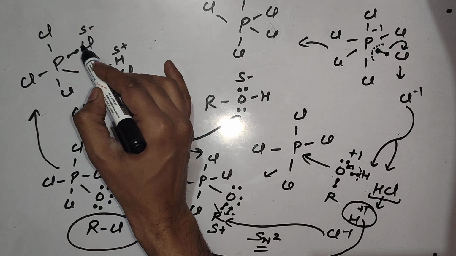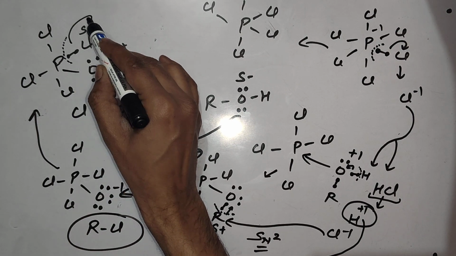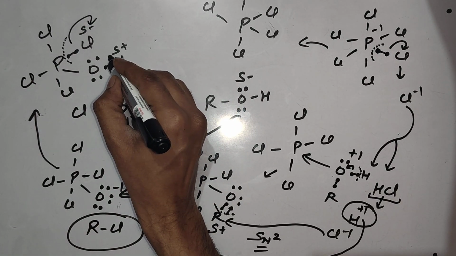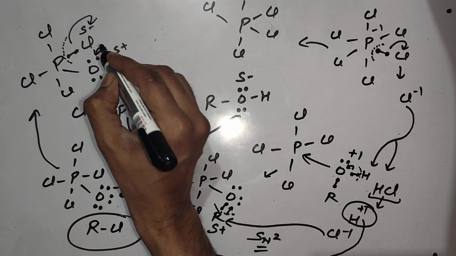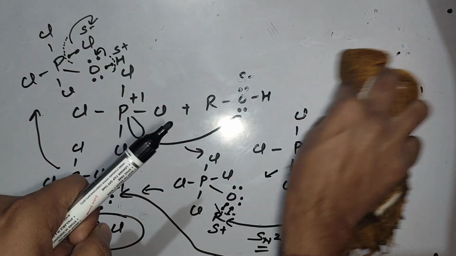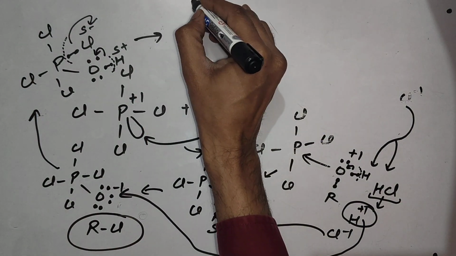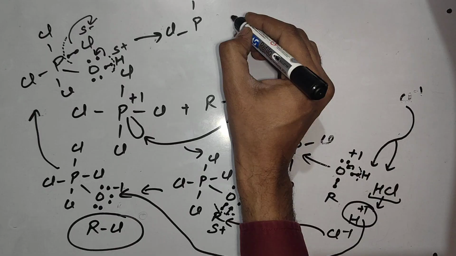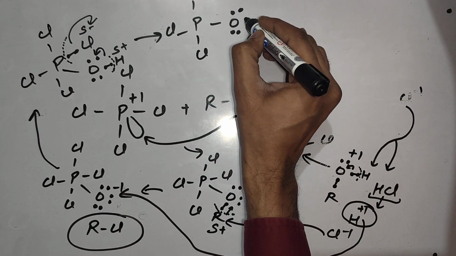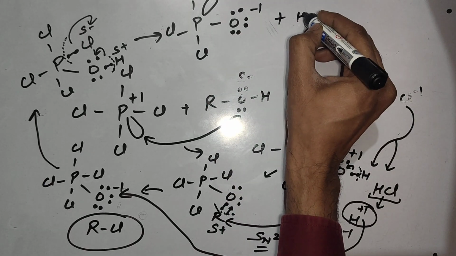So between P and Cl, the bond will break, and obviously when the bond breaks, electrons will shift toward chlorine, and between oxygen and hydrogen, the bond will break and electrons will shift toward oxygen. Now after this breakage, the molecules will turn to this condition. HCl will release out.